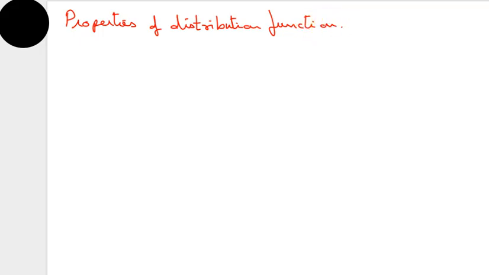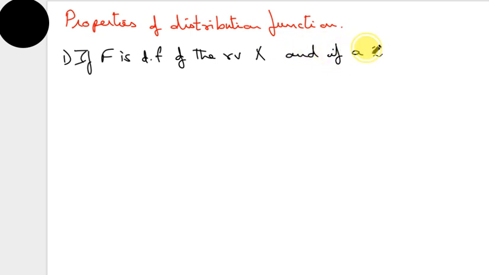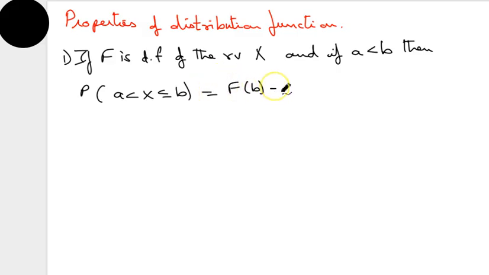Now, if X is a fixed random variable and capital F is the distribution function of the random variable capital X, and if I have a strictly less than b, then the probability of a less than X less than or equal to b will be F of b minus F of a.